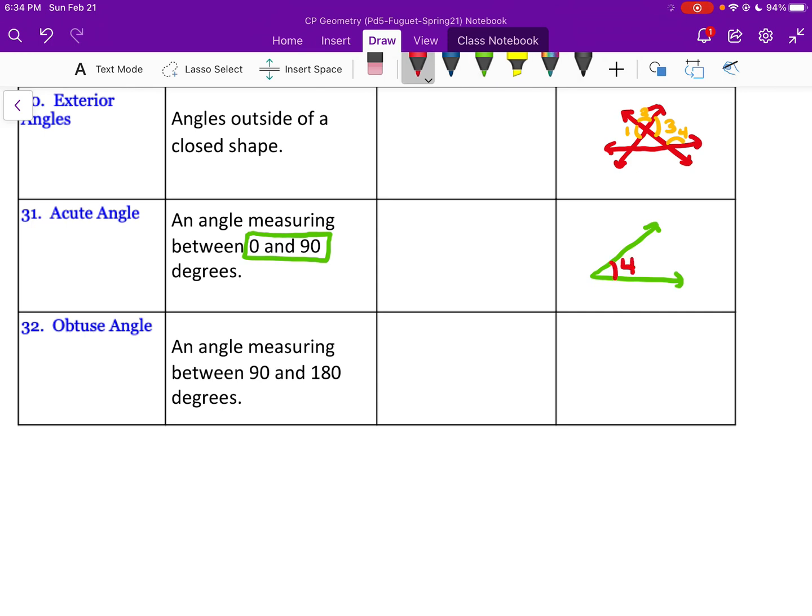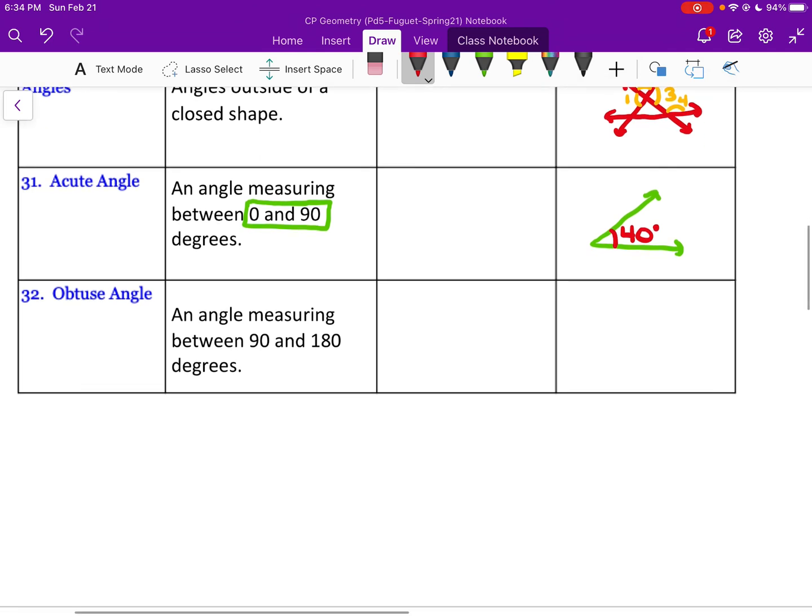Maybe we can call this 40 degrees. That would be an example of an acute angle. An obtuse angle, something like this, is greater than 90 degrees. Maybe this one is 140 degrees. So that's any angle with a measure between 90 and 180.